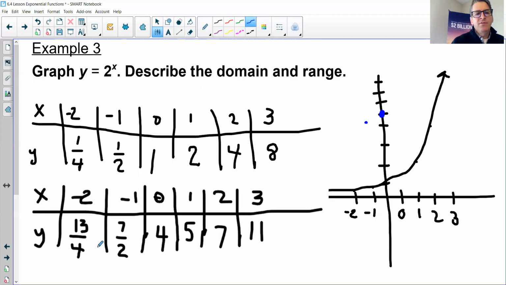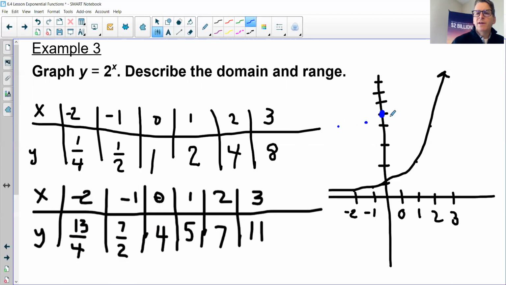At -2, I'm at 13/4, which is 3.25. Okay, it's right about in here.